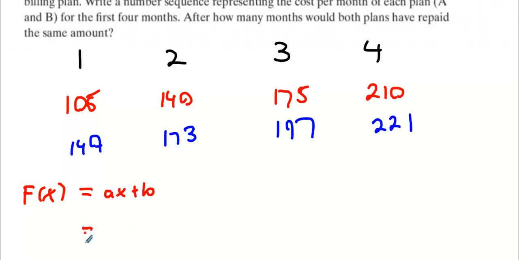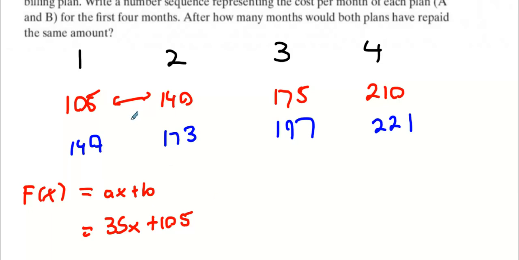What's the a value? The gap in between them is 35. 35x. What about the billing amount? The initial amount was 105. You don't need to do that again because you know you're going to add on 105, don't you? Try it out. What happens when x equals 1? What do you get?